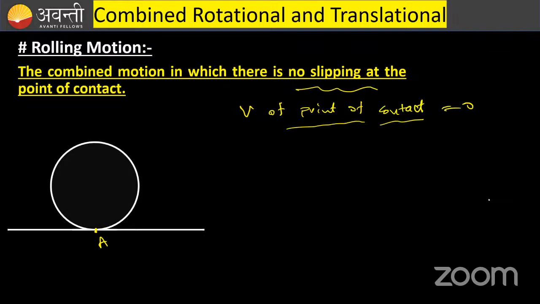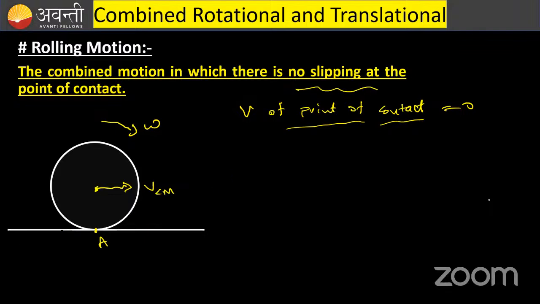Now, can you identify the velocity of the point of contact? Let's suppose the wheel has translational motion of velocity v and angular velocity omega. Can you say that all the particles of the body are moving in translational motion with the velocity vcm? Vcm is the velocity of the center of mass.